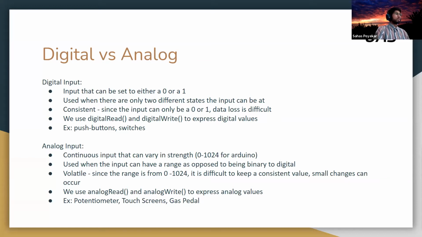To do analog commands on the Arduino, we use analogRead and analogWrite to express these analog values. Some examples of analog devices are potentiometers, because you can use the turning mechanism on it to vary its strength. Touchscreens are also a really good example of an analog input.